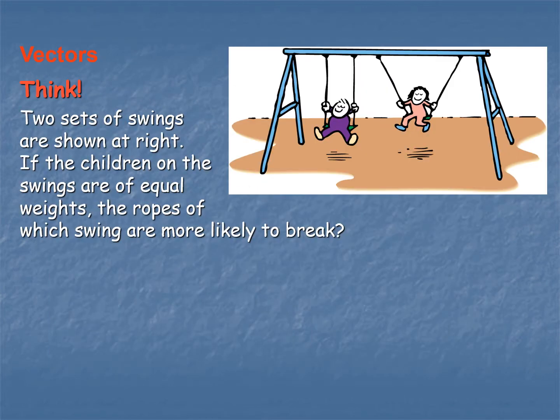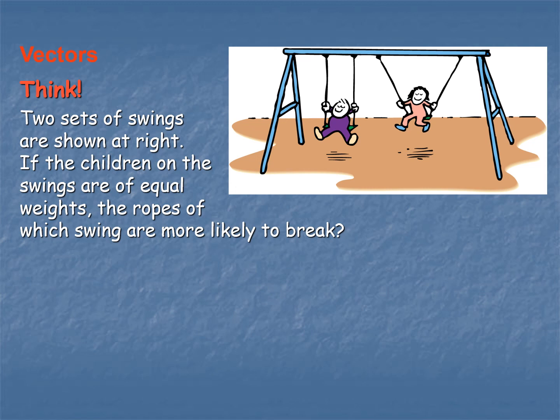Here's a thought question for you. Let's say that you were at a swing set watching children on a swing, and you see one swing that has parallel ropes and another one with non-parallel ropes. Which of those two children are most likely to break one of those ropes?